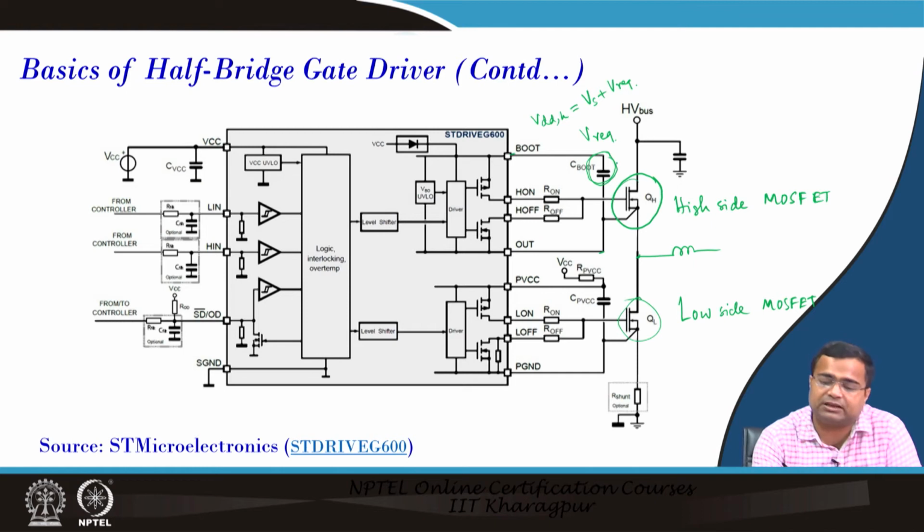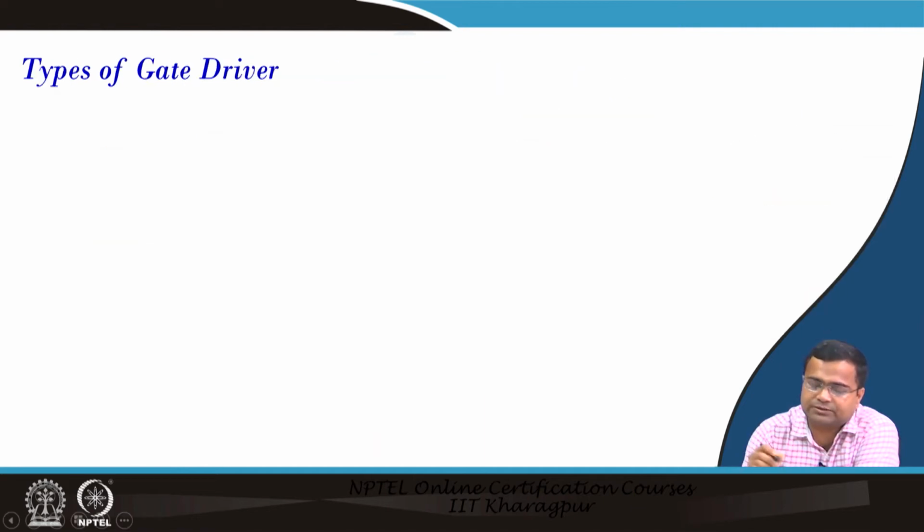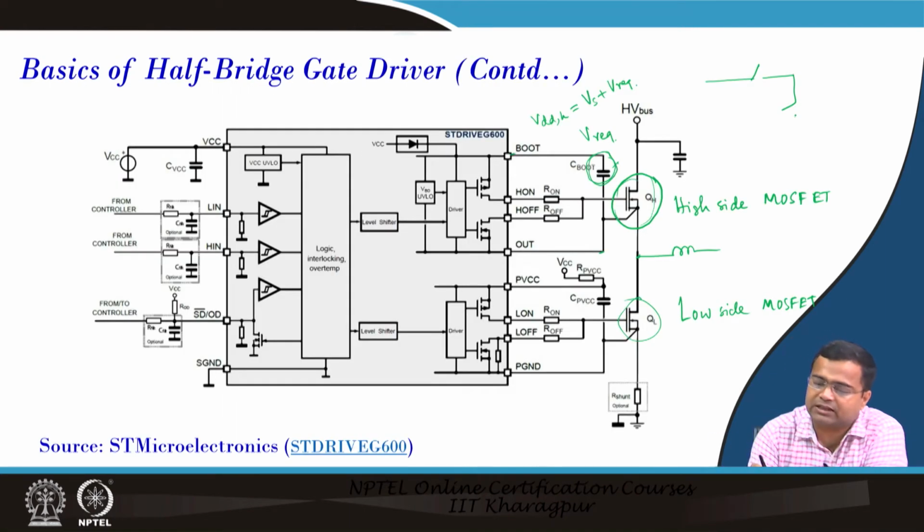This capacitor should be somewhat large. At the same time, you should provide certain on and off time to balance the charge and discharge. Otherwise, if your off time is too small, or if you turn on this switch continuously, that means in a buck converter we have this high side switch and the low side switch, and this is the inductor.